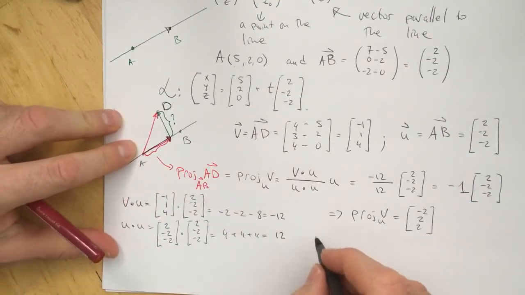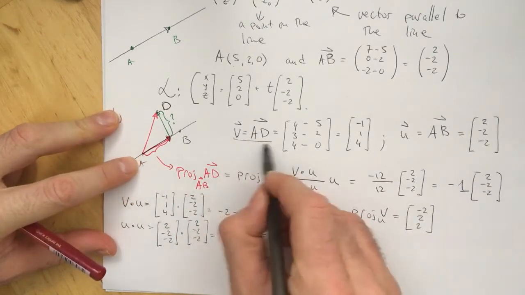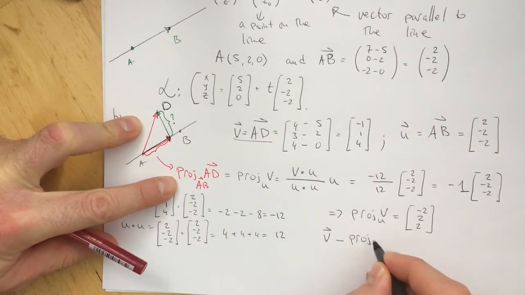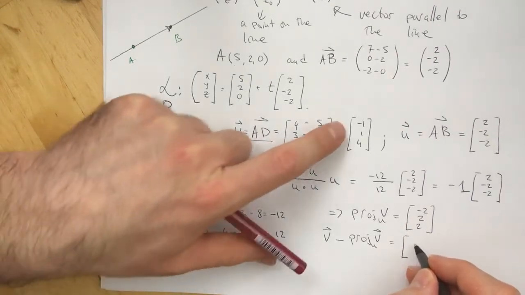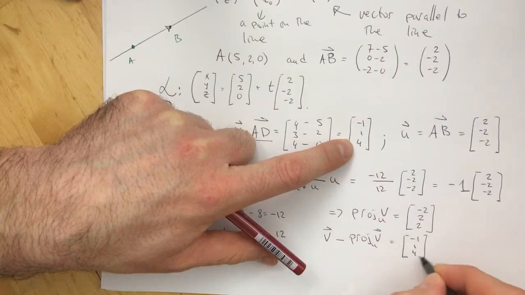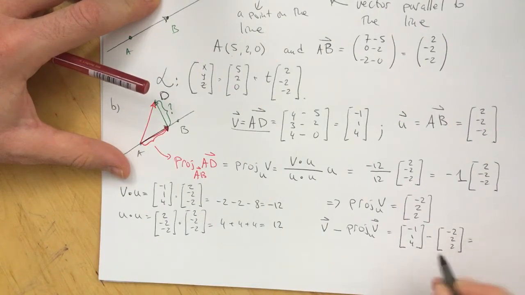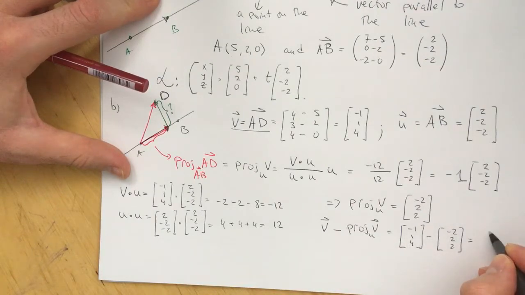First I want to find V, that's AD, minus the projection of V onto U. So V is negative 1, 1, 4, minus the projection, which is negative 2, 2, 2. That's equal to negative 1 plus 2 is 1, 1 minus 2 is negative 1, and 4 minus 2 is 2.